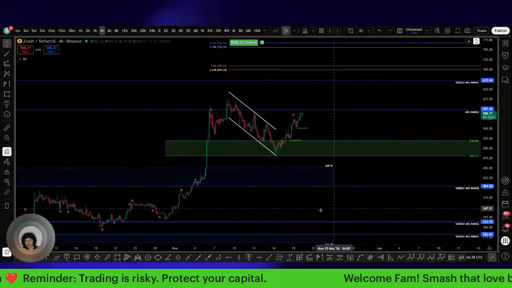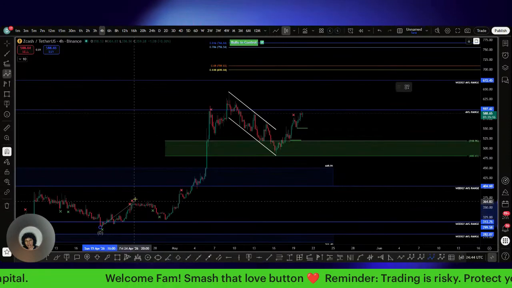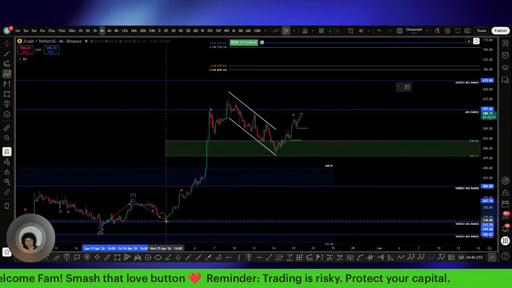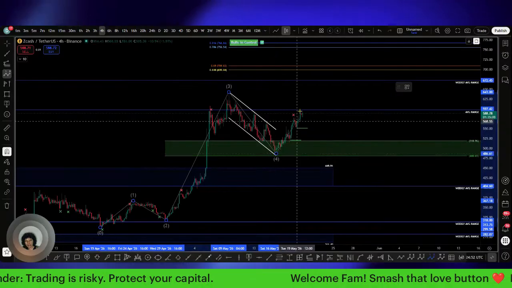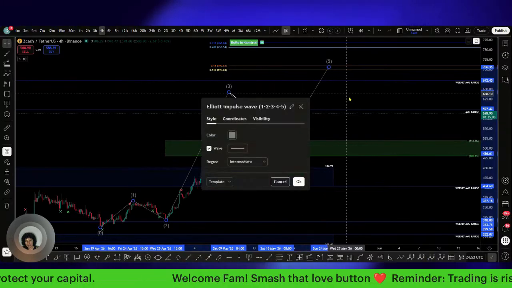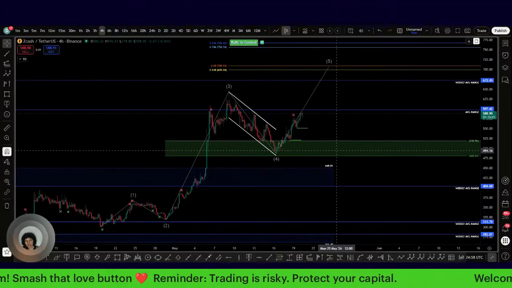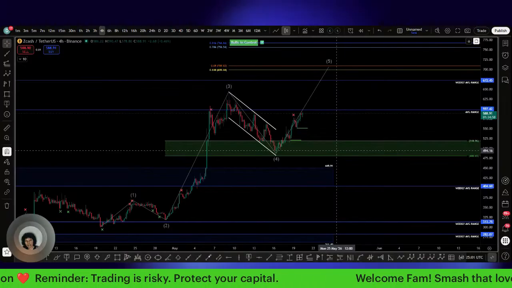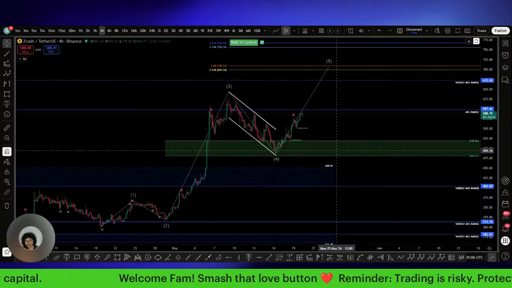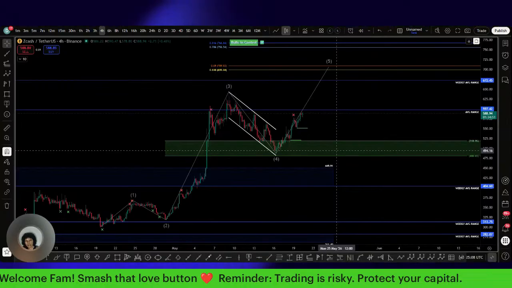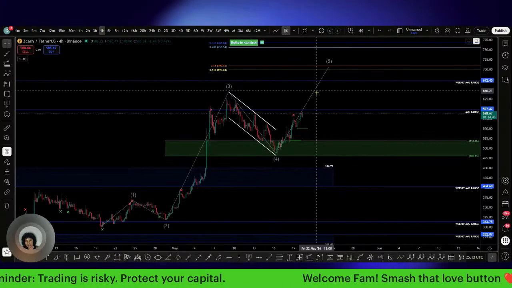But clearly this looks like what it looks like to me, which is why I was trying to find a long position off of it just in case, because that can be the case.